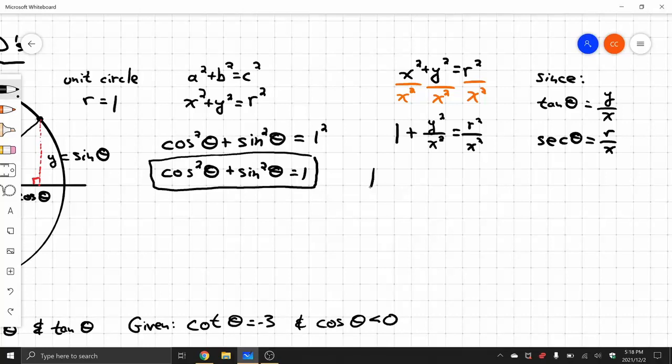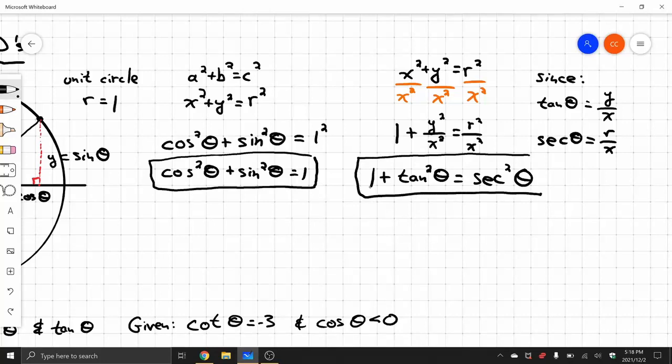So I can substitute in and say that this is actually 1 plus tangent squared theta, and that's equal to secant squared theta. So that is going to be our second Pythagorean identity for our trig functions.